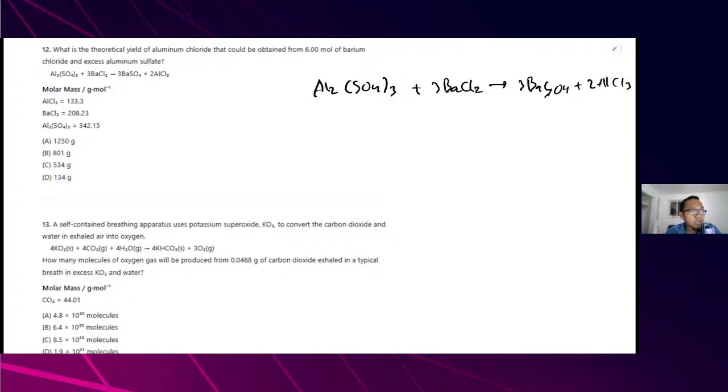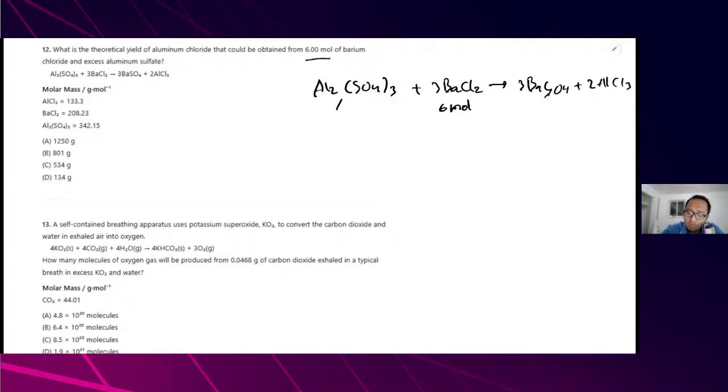Let's explain this one. This is a classic limiting reagent stoichiometry question. We are given 6 mol of barium chloride, and excess aluminum sulfate.